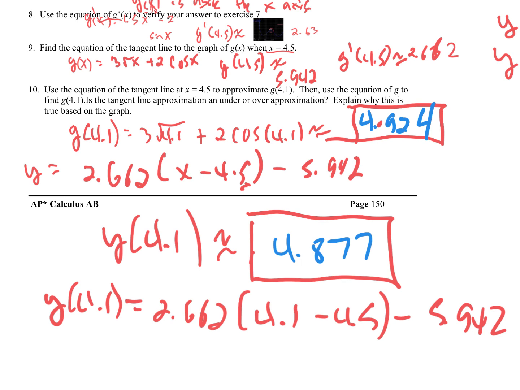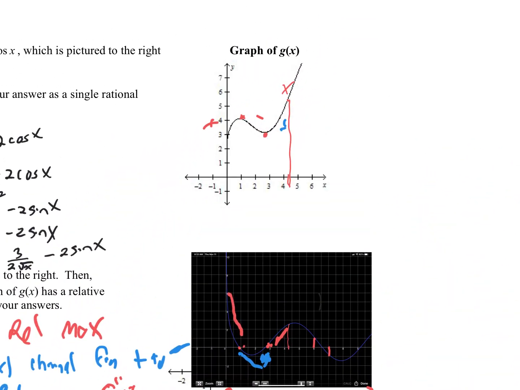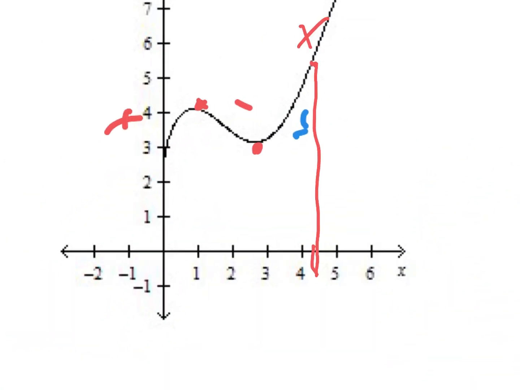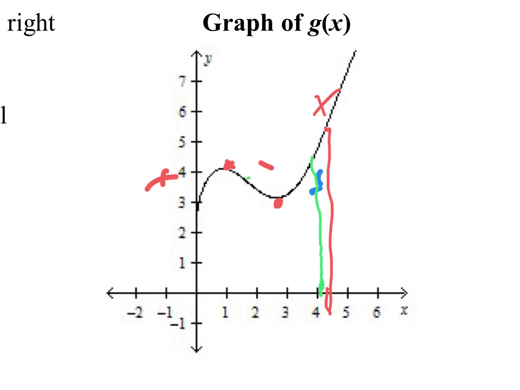So I better look at the function and examine the concavity at 4.1. So let's go up to the function. That was a picture they gave me. 4.1 is about here, and the concavity from here to here is concave up.